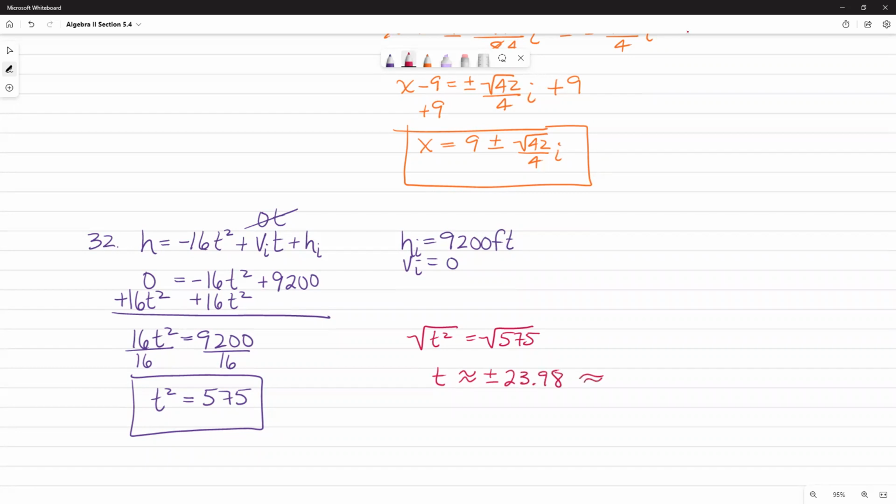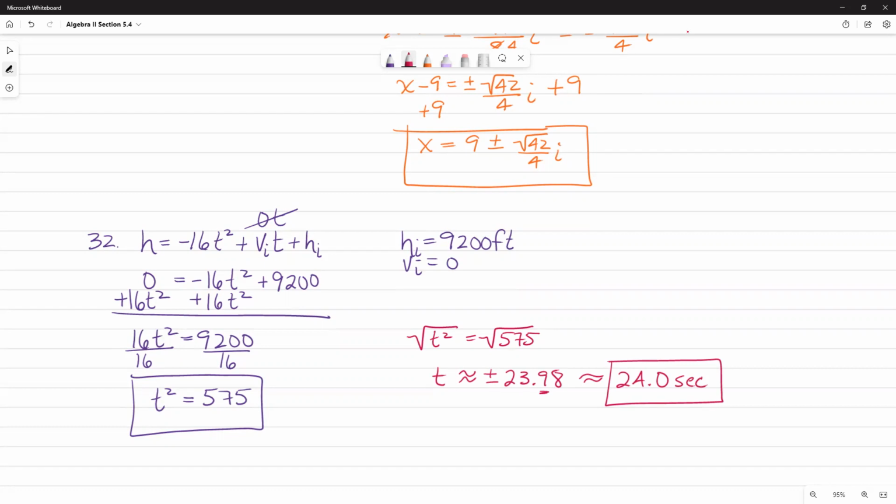So I'm going to round that to, they wanted what? The nearest tenth of a second. So that rounds to this place, which means 24.0 seconds. And that's our answer. So it takes this object 24 seconds to fall 9,200 feet.